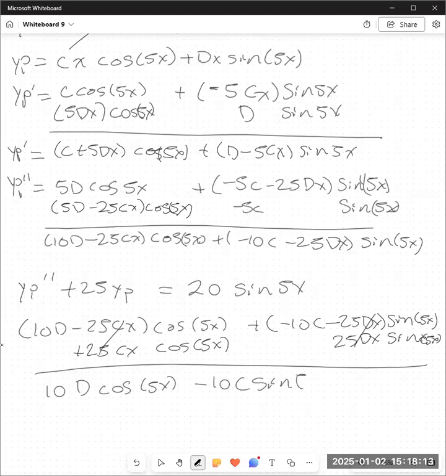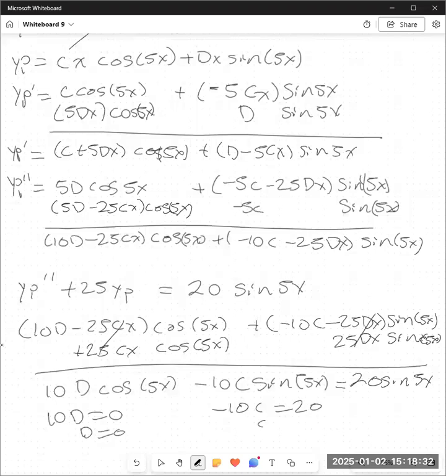sine of 5x needs to be equal to 20 sine of 5x. So 10d, my cosine piece, needs to be 0, making d 0. Negative 10c equals 20, so c is negative 2.